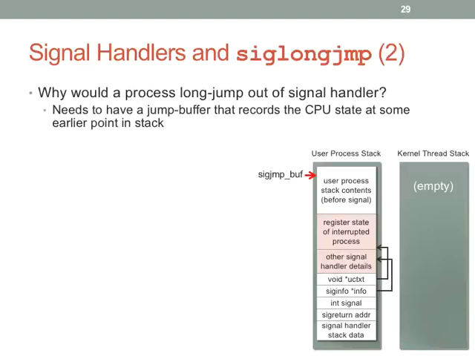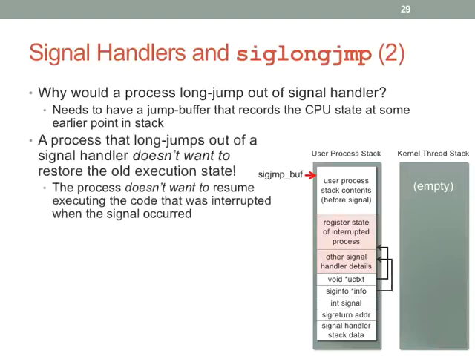And that'll record the CPU state at that earlier point on the stack. So what we're saying is we don't care about anything after it. We don't care about the interrupted process's context. We don't care about the signal handler's context. We don't want to restore any of that stuff, so we just throw it all away with the longjmp. We're perfectly fine with that.